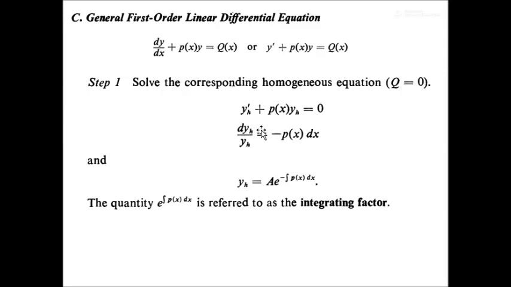So dyh divided by yh equal to minus p(x) into dx. Now if you integrate on both sides, you can get yh equal to constant times e to the power minus integration p(x) dx. So e to the power minus integration p(x) dx may act, or rather I can say must act, as an integrating factor of this differential equation.